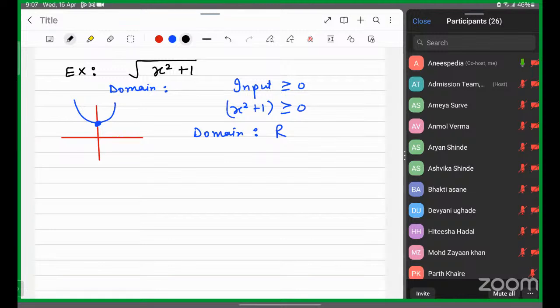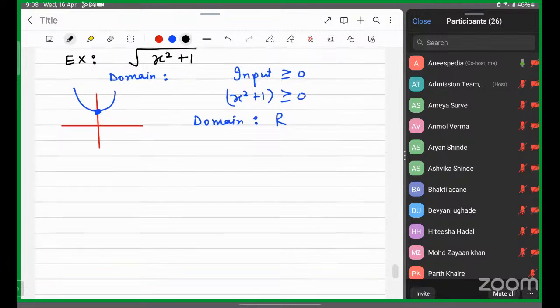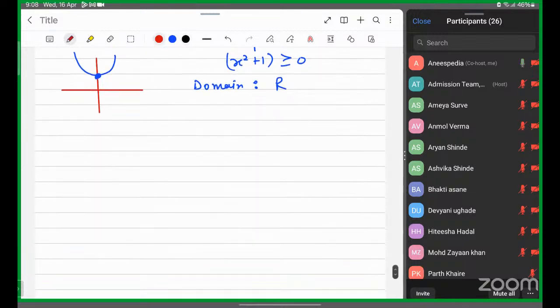Understood or any doubt? Yes. Remember, there is a note point. If we have square root of x square, this will be taken as mod x.